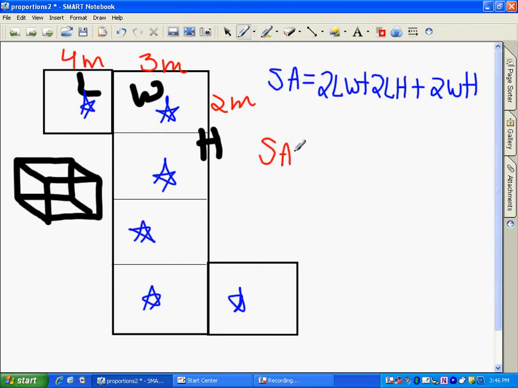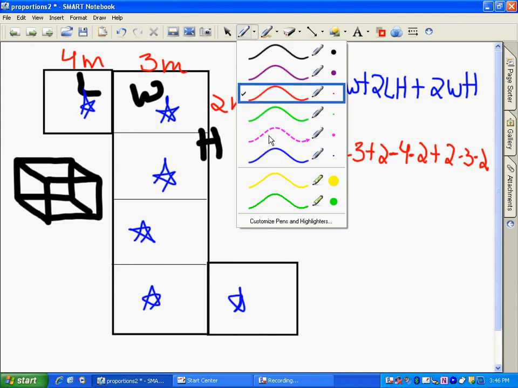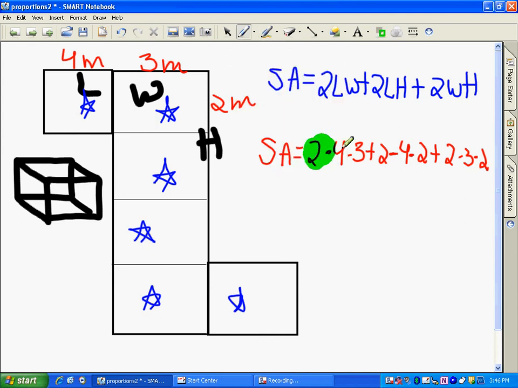So surface area is 2 times 4 times 3 plus 2 times 4 times 2, plus 2 times 3 times 2. I'm sorry, that doesn't look very nice. So then I go through here, and again, you've got to follow the order of operations and do all your multiplying first.